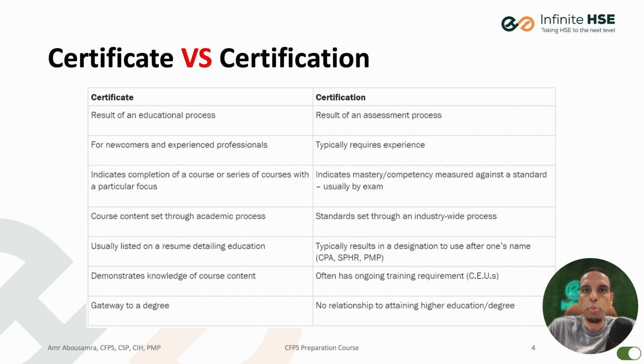So you have to prove that you are keeping updated and still working in this field. So there are requirements for CEU. What is CEU? Continuing Education Units, or continuing education development. You have to develop yourself continuously to keep updated with the latest standards and prove that you are still up to date with the requirements.